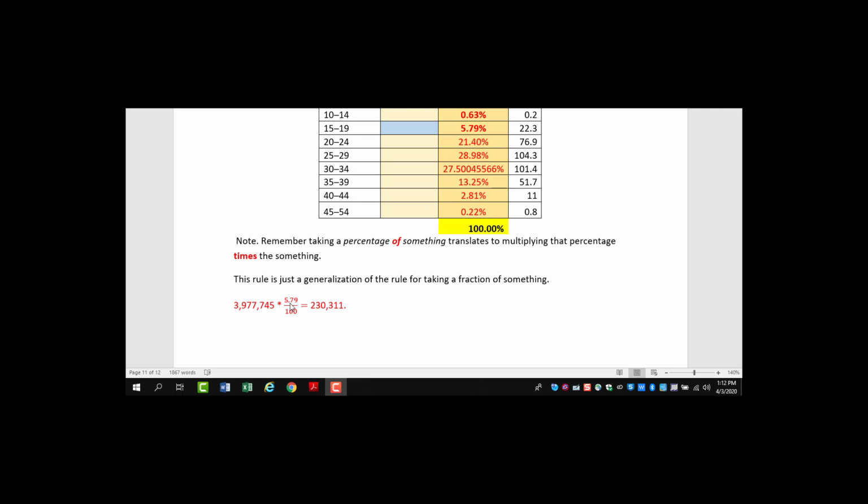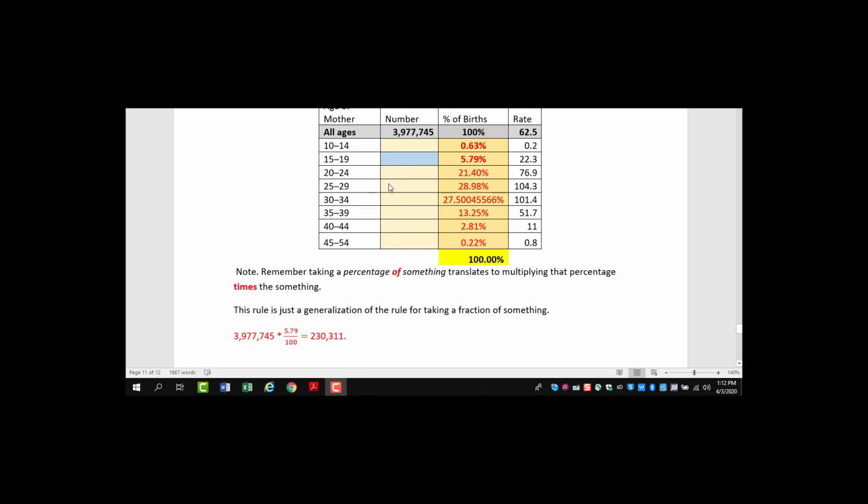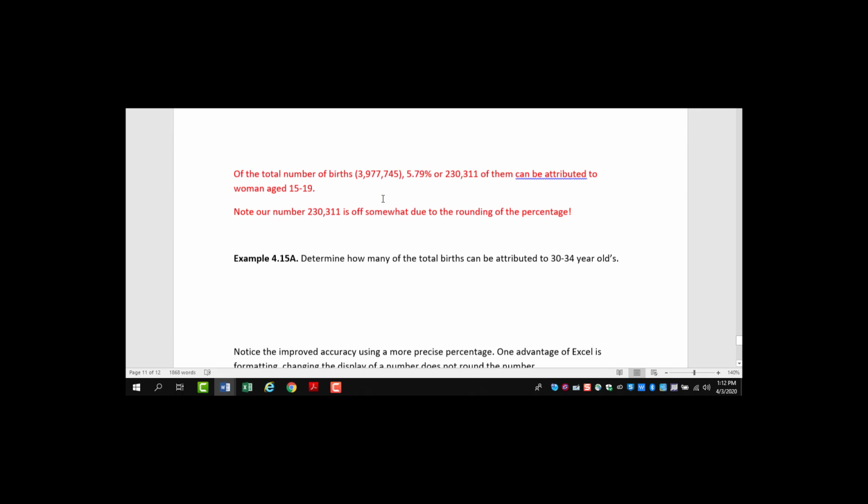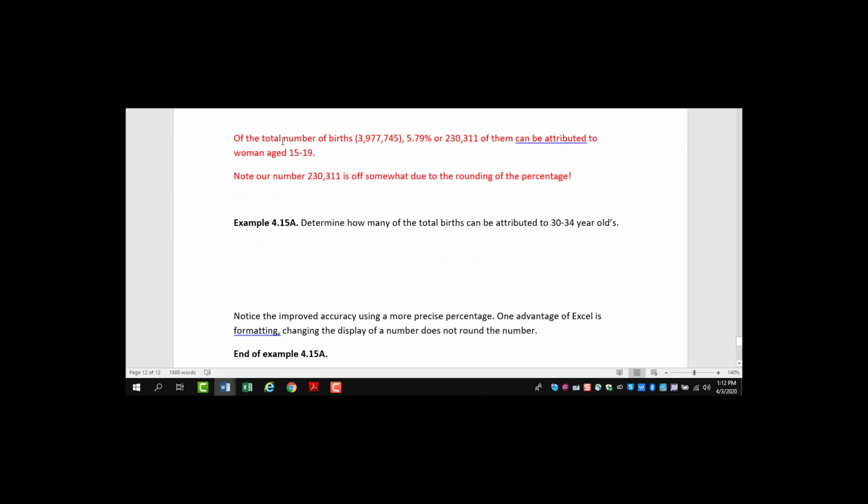This divided by 100 times that, and we get 230,311. Of the total births, almost 4 million, 5.79% or 230,311 can be attributed to women 15 to 19.